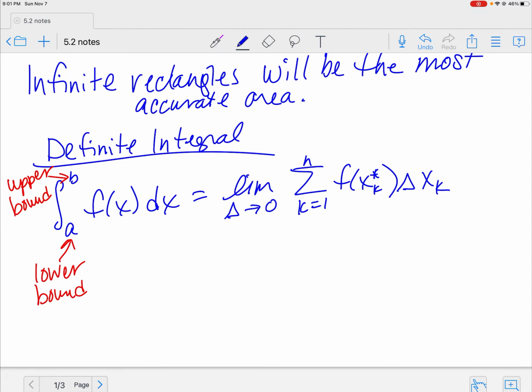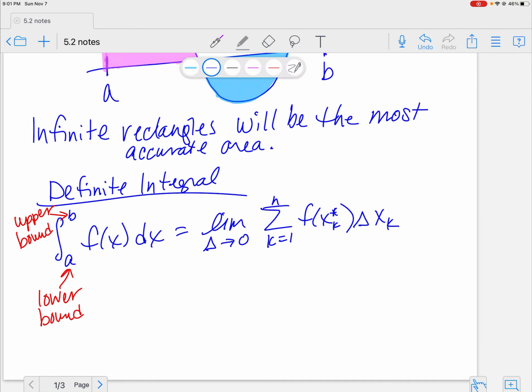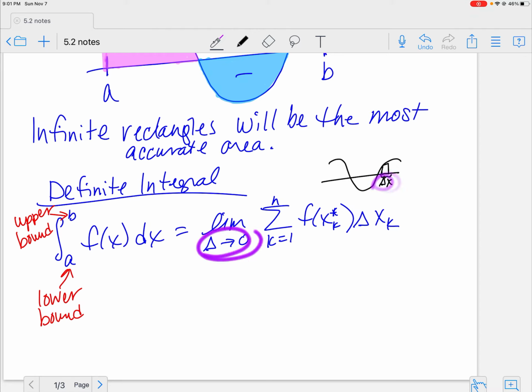That's what's happening. Let me just draw a quick sketch here. I have this rectangle. As my change in x, my delta, goes to 0, my rectangles are getting skinnier and skinnier.